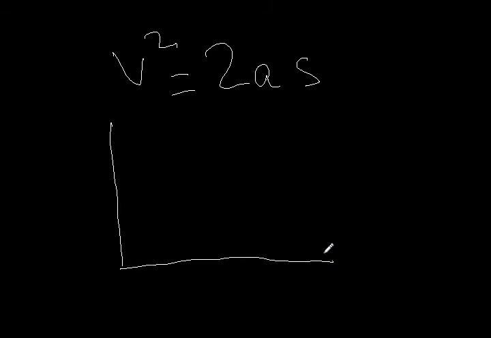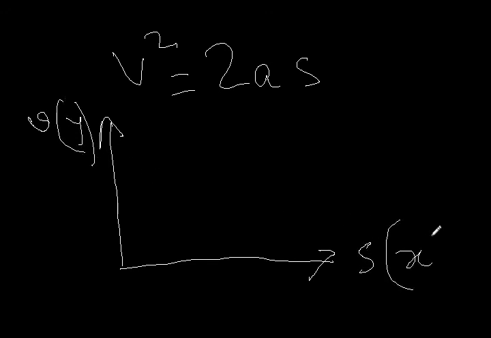I have another kinematical equation for you, which is v squared equal to 2as. Now again I plot this, with v along the y-axis and the displacement s along the x-axis. So I hope you understand now that this equation is in the form of y squared varies as x.